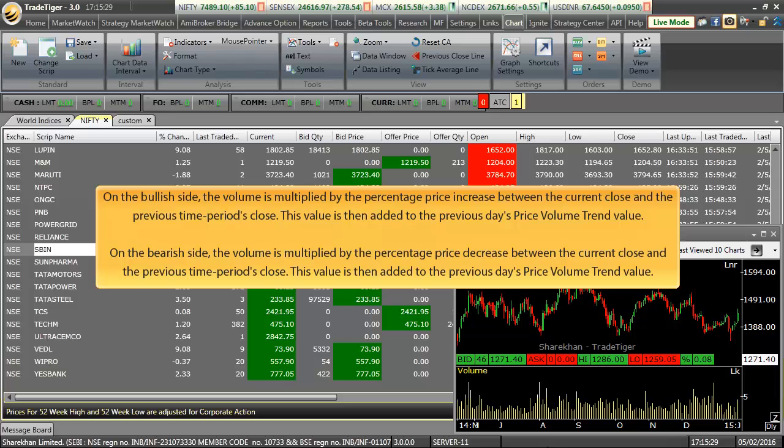This value is then added to the previous day's PVT value. On the bearish side, the volume is multiplied by the percentage price decrease between the current close and the previous time period's close. This value is then added to the PVT value.